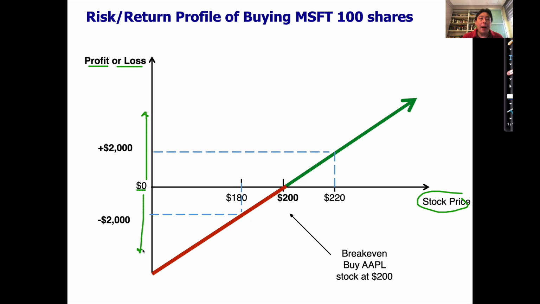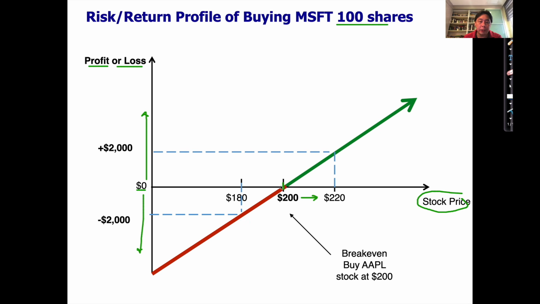Now, when you buy 100 shares of a certain stock, what does the risk reward graph look like? It looks like one straight line. It's a linear line that goes this way. For example, if you buy 100 shares of Microsoft at $200, this 200 would be your break even, correct? And if the Microsoft stock price goes to 220, you will make profit.